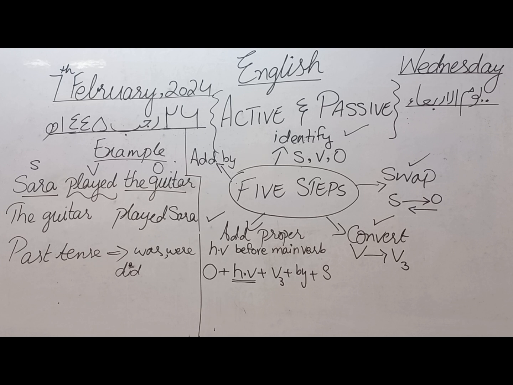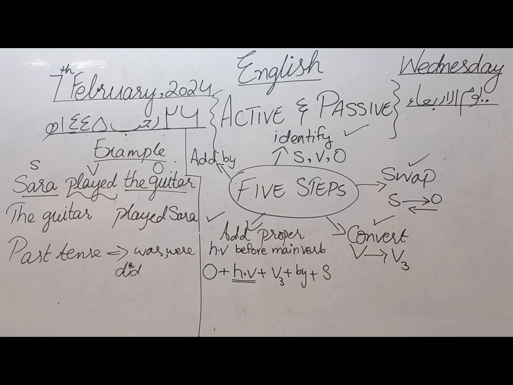Was. The guitar was played. The guitar were played. Or the guitar did played. Which is correct? Okay, raise your hand those who are saying "were played". The guitar were played. Nobody is saying the guitar were played.